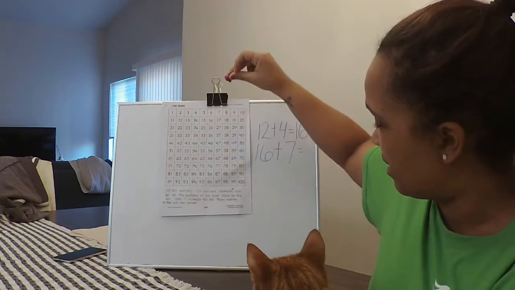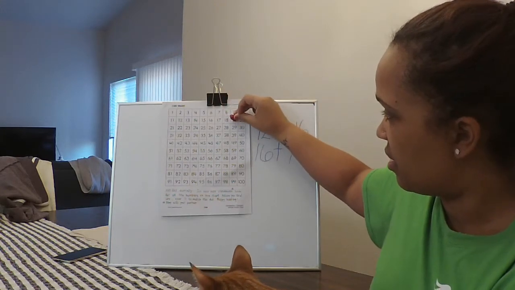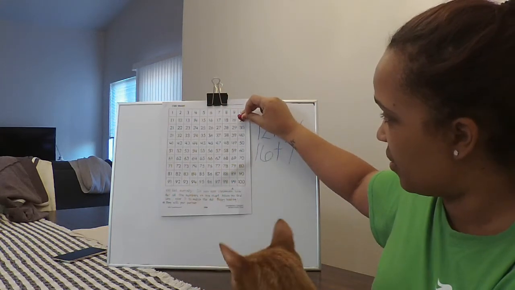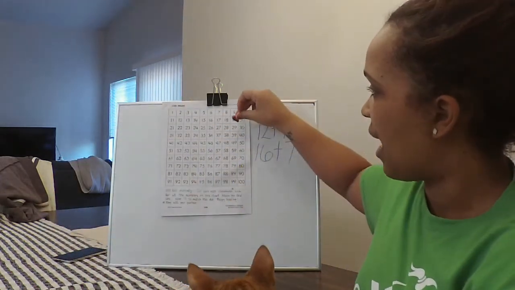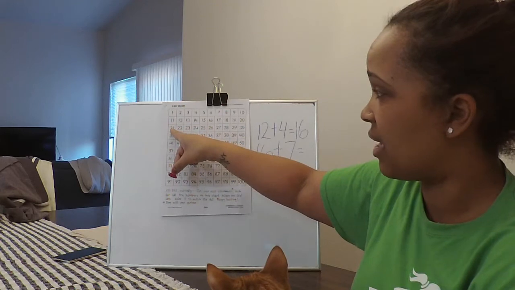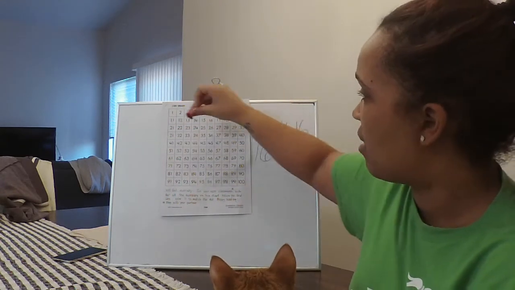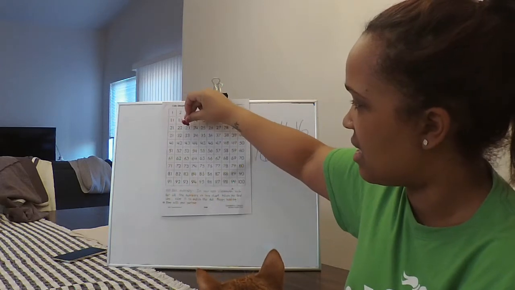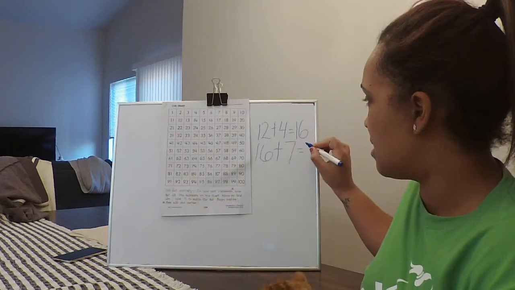And we're counting 7. Let's go. 1, 2, 3, 4. Oh no, I reached the end. What do I do? I just simply move down to the next row, starting with the number that comes after 20. 5, 6, 7. 16 plus 7 is 23.